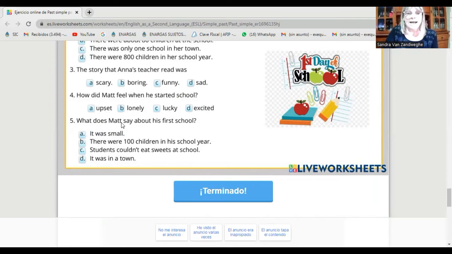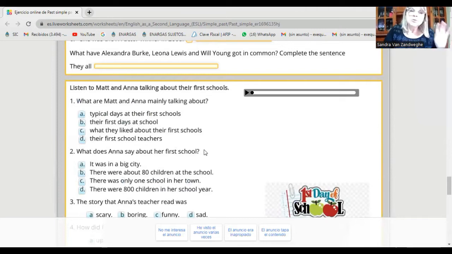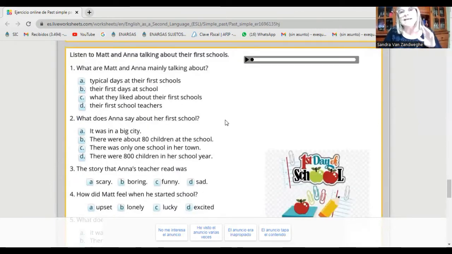What does Matt say about his first school? ¿Qué dijo él? It was small, there were 100 children in his school year, students couldn't eat sweets at school, or it was in a town. ¿Ok? Bien. Ustedes lo que pueden hacer es ir haciendo stop, ¿sí? Y después escucharlo todo completo.